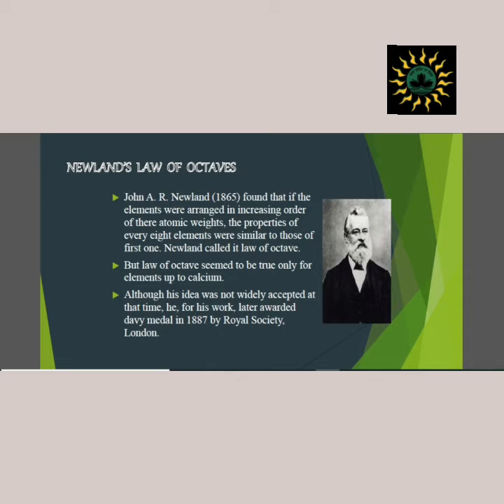So Newlands called it the law of octaves. During that time, the noble gas family, that is helium, neon, argon, was not known. This family was not discovered at that time. So after the seventh element, he took the alkali metals, coming back to the first element's family. After the seventh element, the periodic properties repeat.